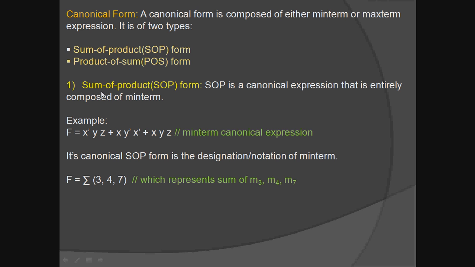So sum, that is plus, of products. The product of all these three variables we add. That's why it is called sum of product, SOP form, and we get this canonical SOP form in this format. So the function f equals sum of 3, 4, and 7, which is represented by this min term notation m3, m4, and m7.